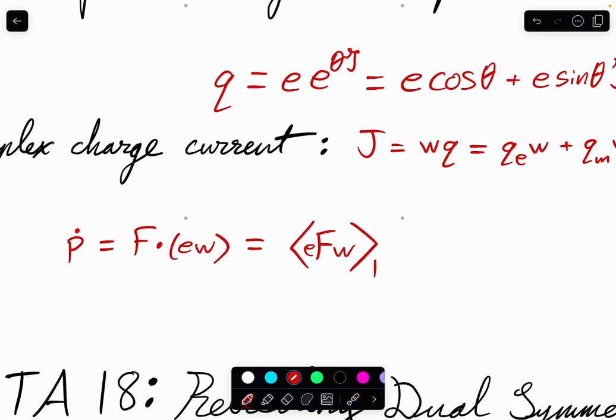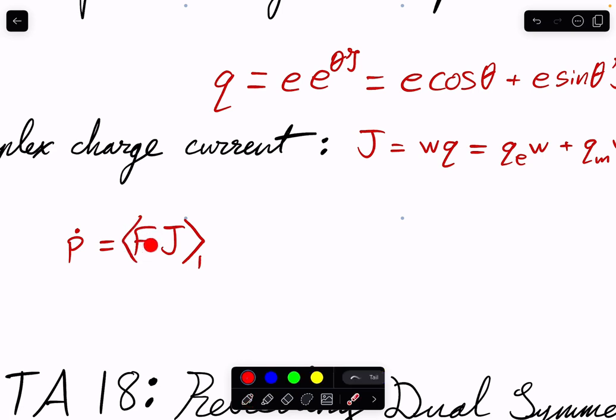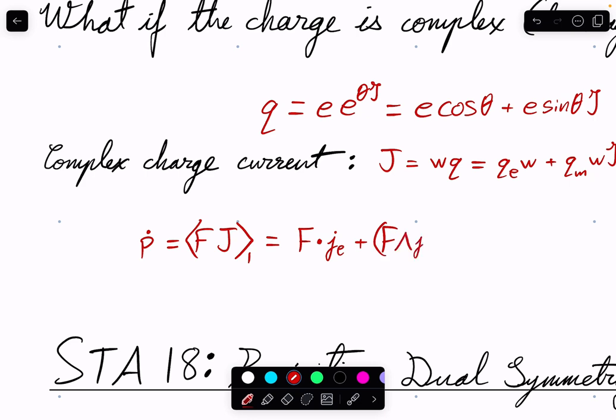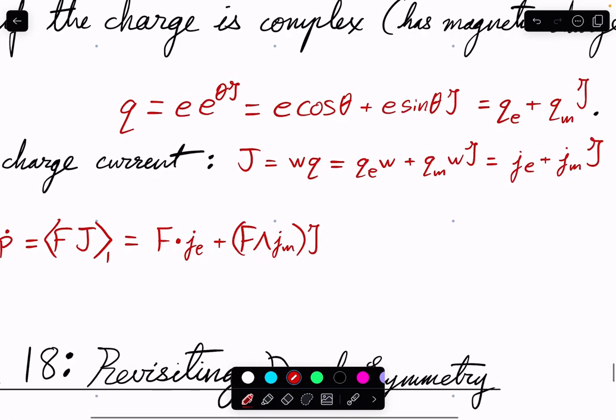So you can get rid of the dot product and express the product as a projection onto grade 1, multiplying by the entire charge current J. When you expand this, it ends up looking like F dot JE plus F wedge JMI.